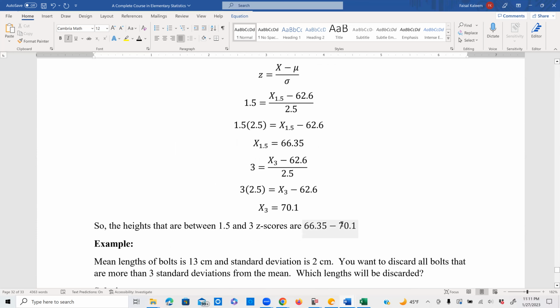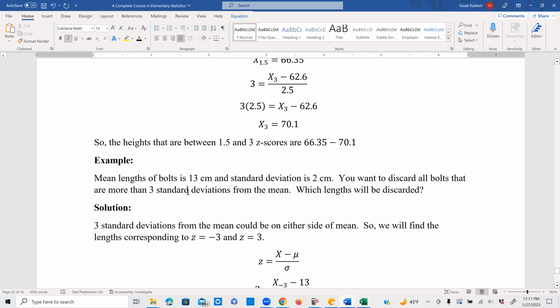Multiply 2.5 on both sides and add 62.6, and we get 70.1. So the heights between 1.5 and 3 z-scores are everything between 66.35 and 70.1.